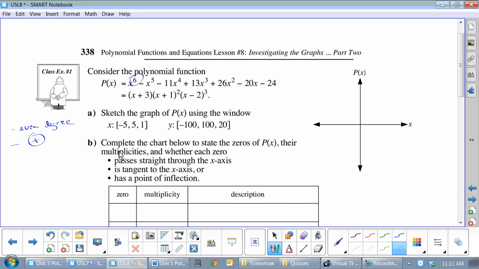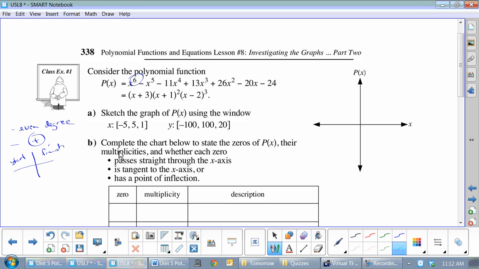Starts high, ends high. Starts in 2, ends in 1. So we need to know that it's going to start here and finish here. All we're doing is gathering evidence that you probably didn't even know existed half an hour ago. Now you can always know where it starts, where it ends.